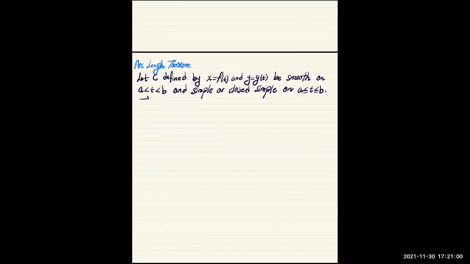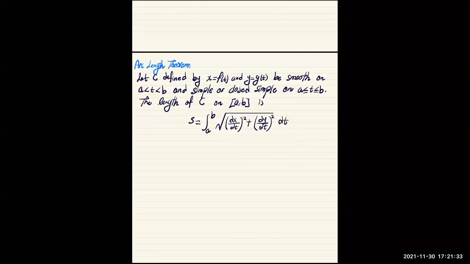And the theorem says that the length of C on the interval AB is that integral that we just derived. Integration is with respect to t.